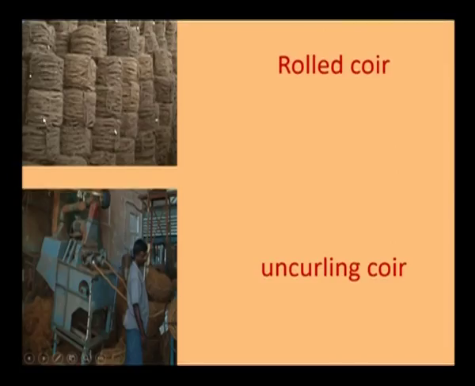Here I have shown the stepwise process of manufacturing this latex coated coir. So, the first step starts with rolled coir, that is first you take out the fiber from the coconut and you make a coir, then you curl it and store it. That is the first step.